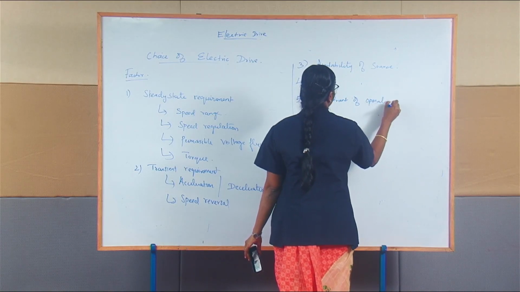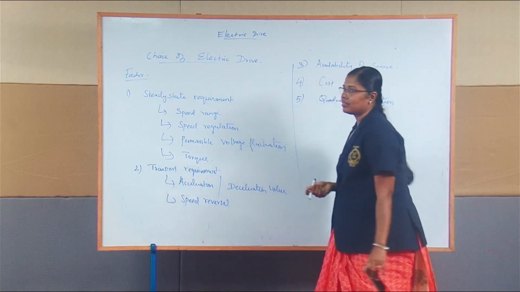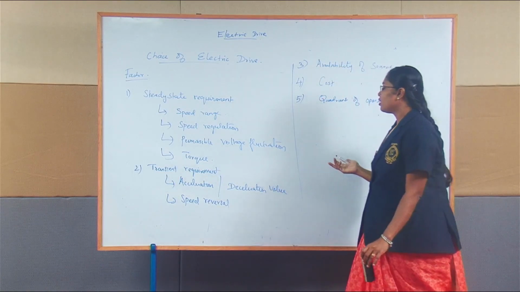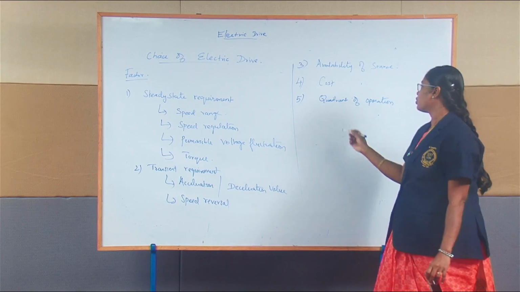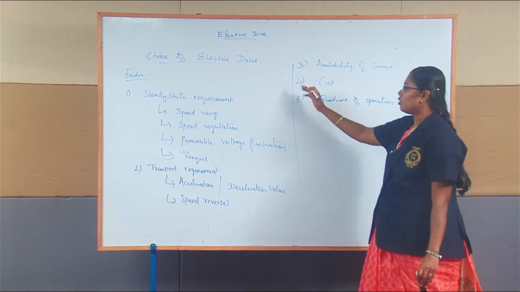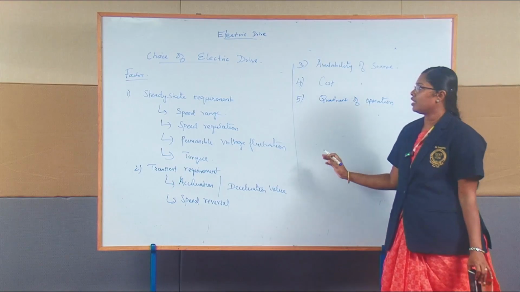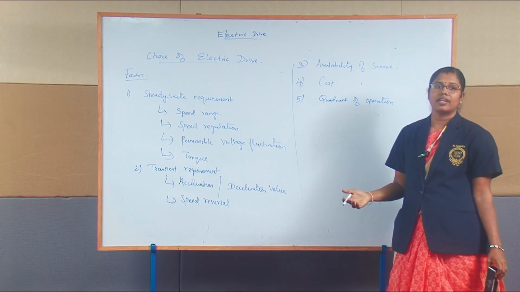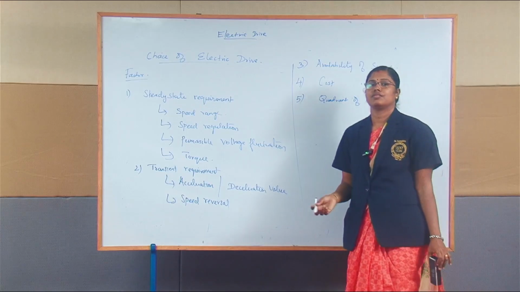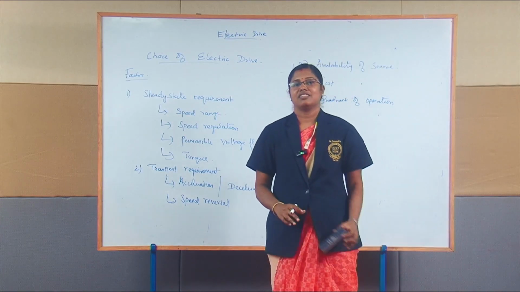Like whether it needs both motoring or braking, like forward motoring or reverse motoring or forward regenerative braking is required. So quadrant of operation. So these are all the factors which we need to consider when you start to design any electrical drive system. So thanks for listening. Thank you.